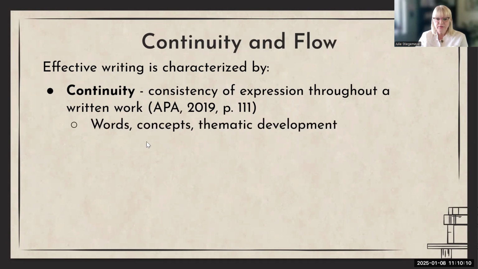This continuity refers to the words themselves, concepts, and thematic development. So for example, if I were to make a comment on a student's paper about, say, an abbreviation, if a common term in the paper is abbreviated toward the beginning of the paper, then that should be consistent throughout the paper. So those kinds of things are what we're looking for.